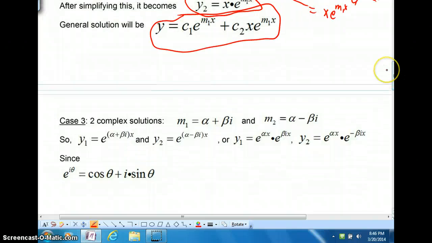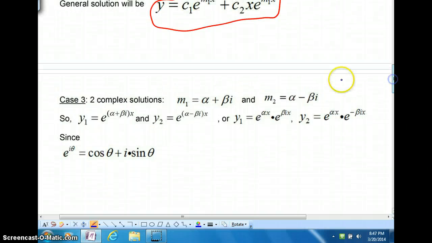Real quickly, let's take a look at the complex solutions. If your discriminant is negative, you would get complex numbers, a real plus an imaginary. And my goodness, that can look intimidating at first glance. What we need to do is realize that it's always e to the m1x and e to the m2x.